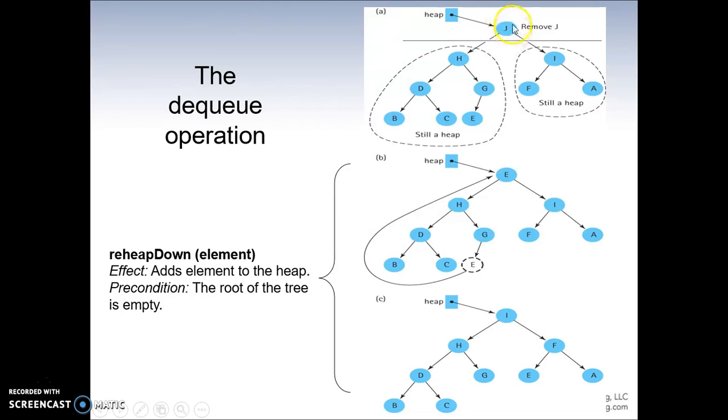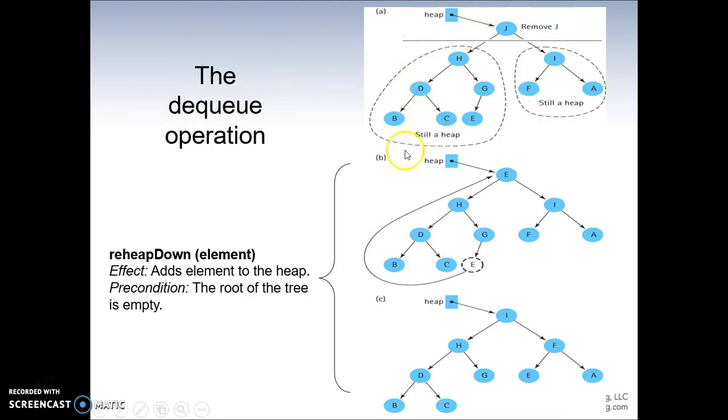Then J is going to be removed first. After removal, we break the shape. Then we have to reshape it, right? So we call the reheap method. When you dequeue, you have to reheap, right?